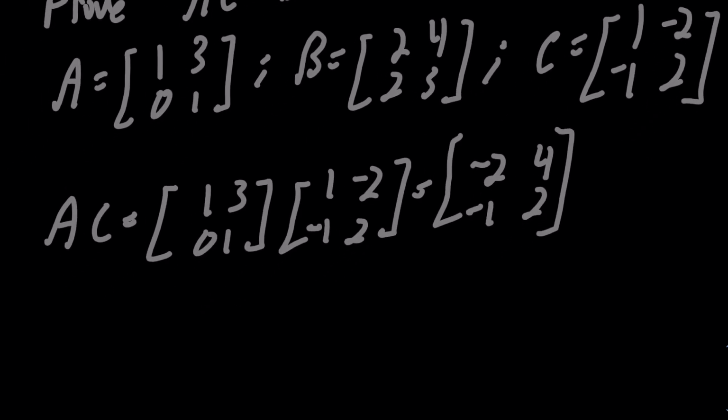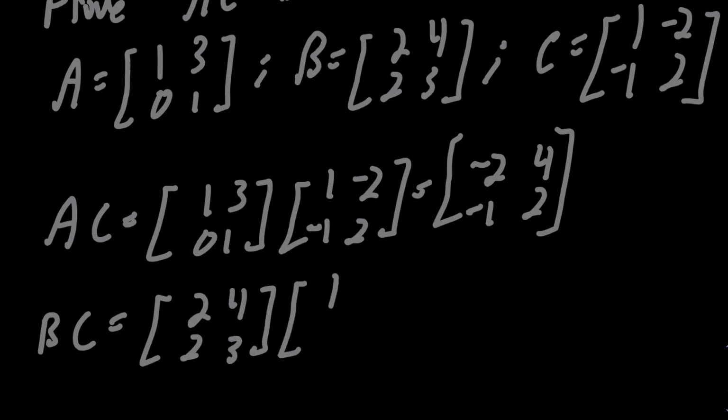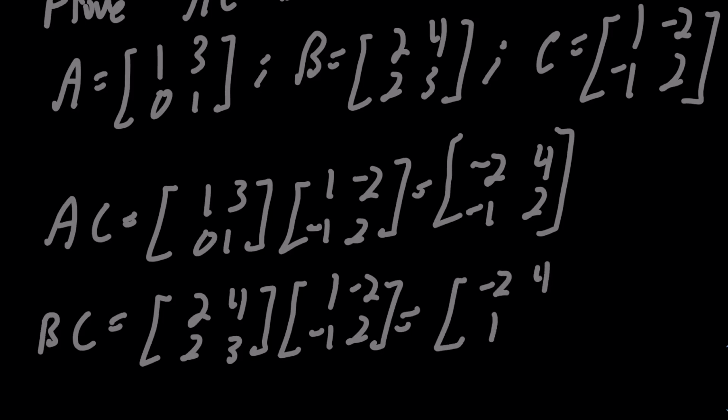Now let's do the same for BC. We get 2, 2, 4, 3 times 1, negative 1, negative 2, 2. As a result, we get the same as the matrix multiplication of AC.